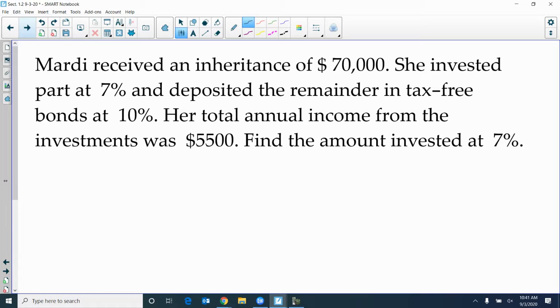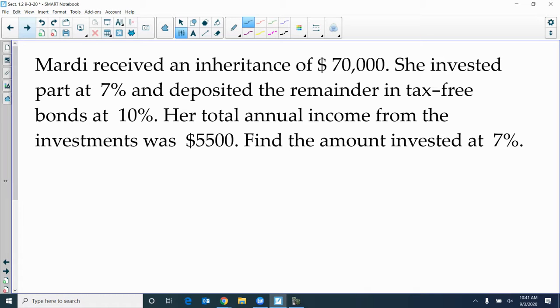All right, read through this second one. And this deals with that interest problem. Now, since time is 1 year, the annual income is kind of implied.